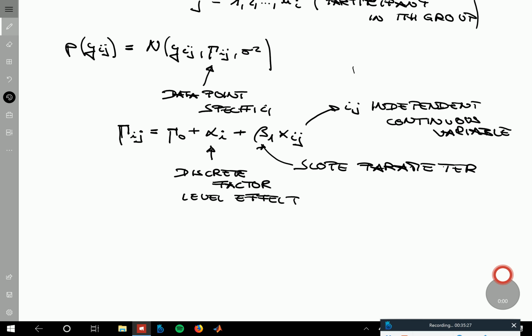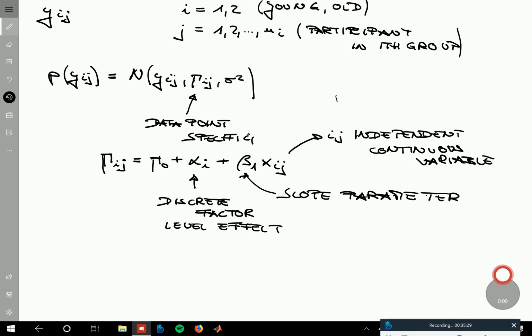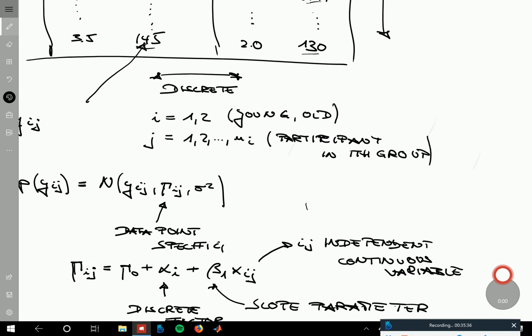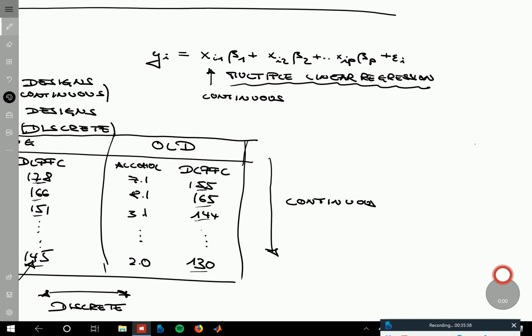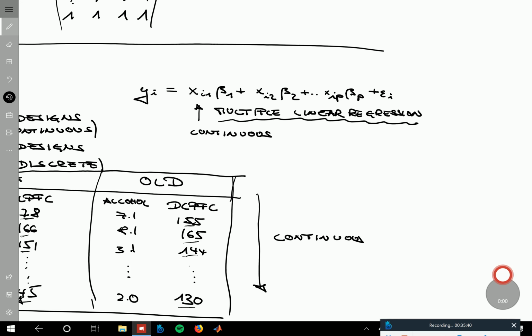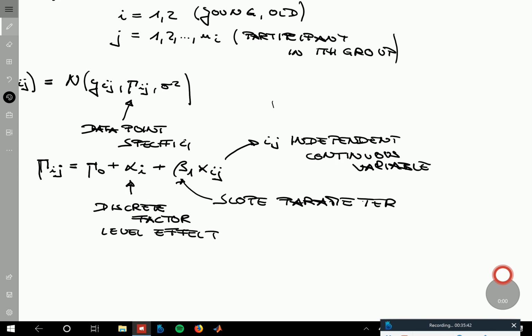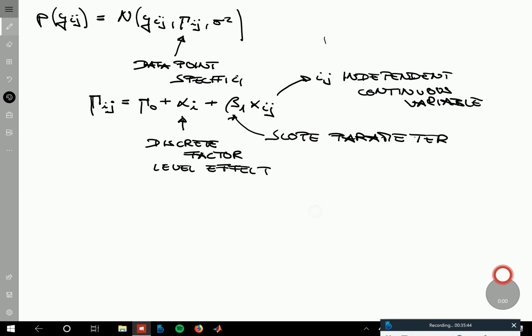If you think back to multiple linear regression, there we had a lot of these x's and betas, so xi1, beta 1. Here I put the beta 1 in front, but that's fine.